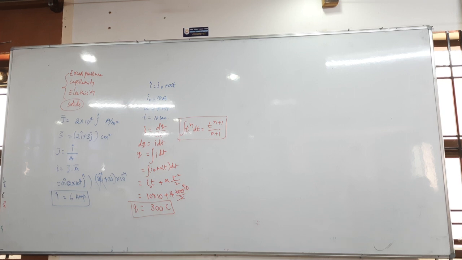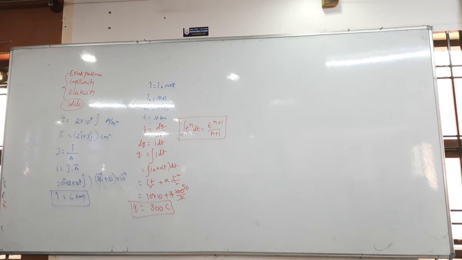Read the question slowly, then you can understand and automatically you will get the answer. Three point two into 10 power 4. Correct. How many of you got that? 3.2 into 10 power 4. Very less. Good, very good.